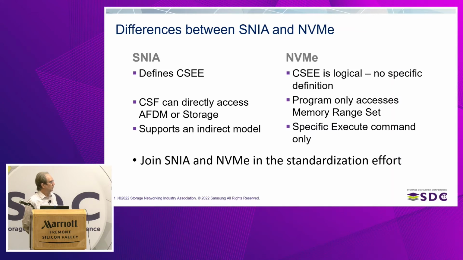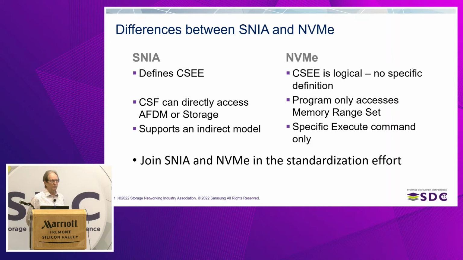So also, I pointed out a little bit earlier that a CSF can directly access AFDM or storage in the architecture model. So that is not precluded by the architectural model. For the first pass at TP4091, programs are only allowed to access memory range sets. That's the only way they access memory. They don't access memory namespaces even. They have to access a memory range set.